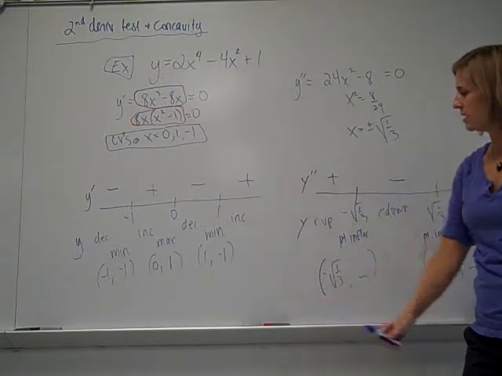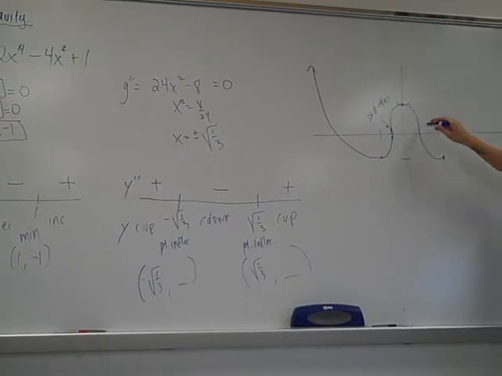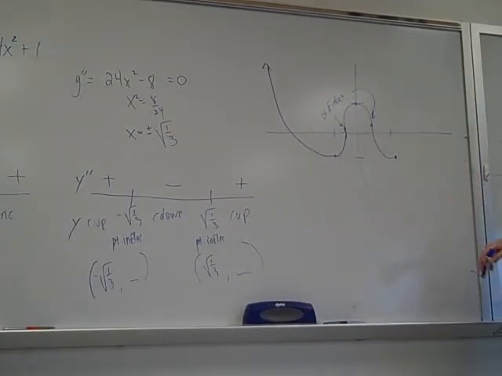I'm headed towards my min. And I'm concave down until I get to this stupid point of inflection again. So I'm coming down, turning from a frown into a smile. And I have another point of inflection somewhere around there. And then bigger than 1, I'm increasing now, and I'm still concave up. So it looks like that.